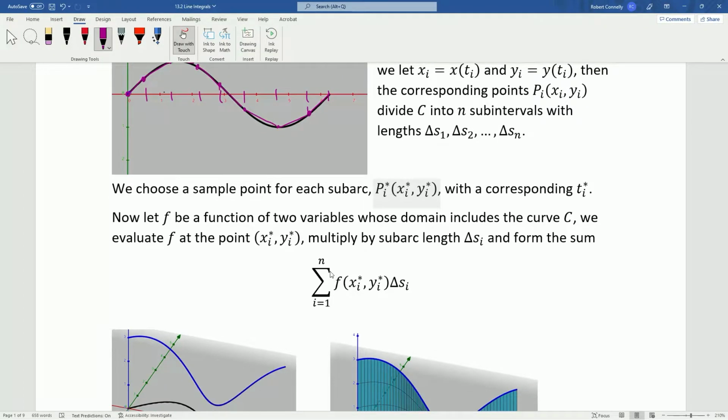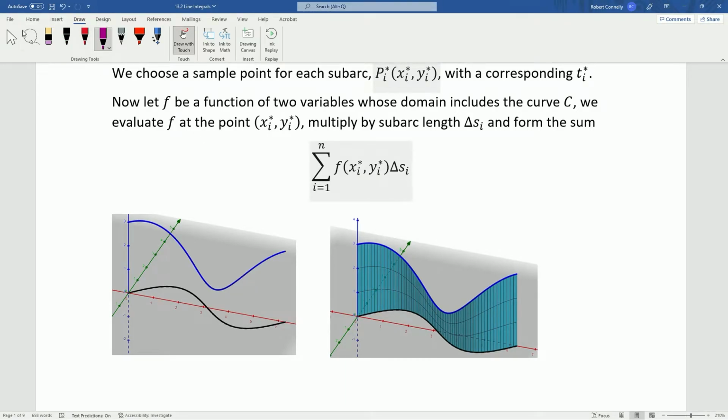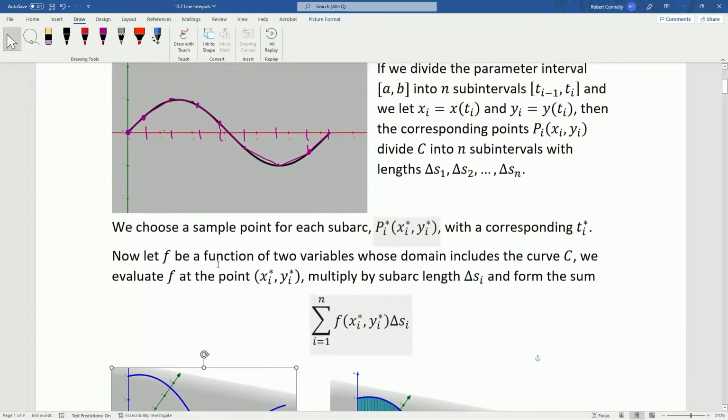Okay, so let's try to look at this in a picture and see what's going on here. So here we've got our three-dimensional image, and along this curve, this is our arc on the xy plane, or our path, right?